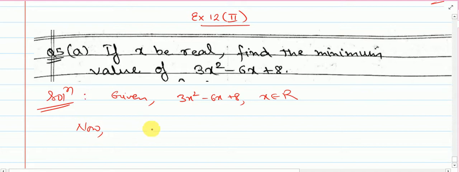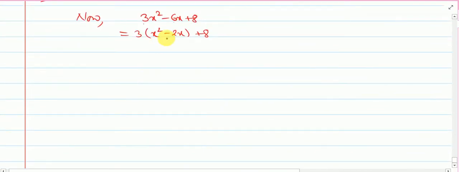Now you will write this 3x square minus 6x plus 8, and now if you see here 3 and here 6, so 3 is common, so you can take this out and leave it like this. Done. Now within this bracket you have x square minus 2x.